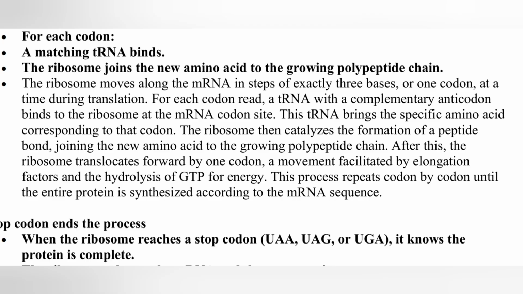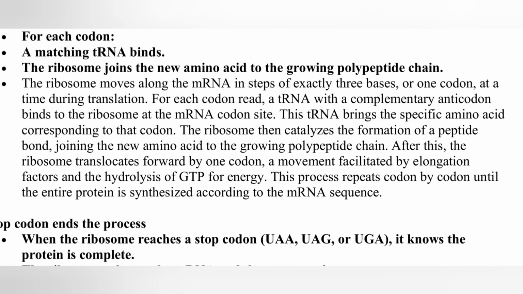Protein synthesis happens from codon to codon. First one codon is read and an amino acid is added, then that is translocated towards another codon, and that codon is read and the amino acid is added, then it is further moved to the next codon.